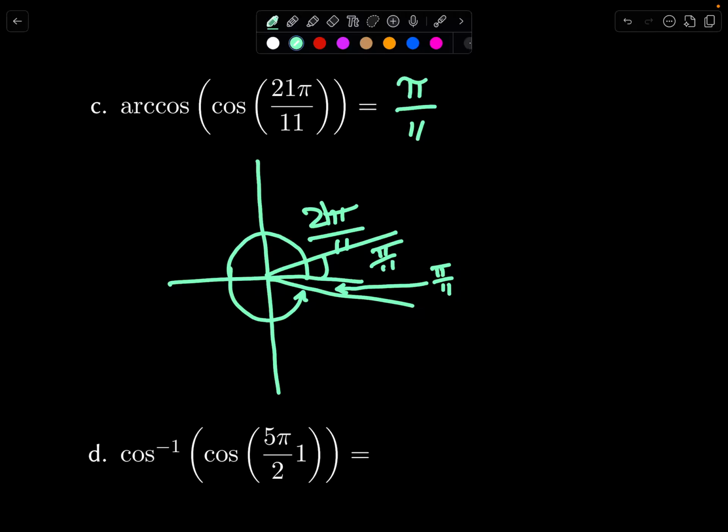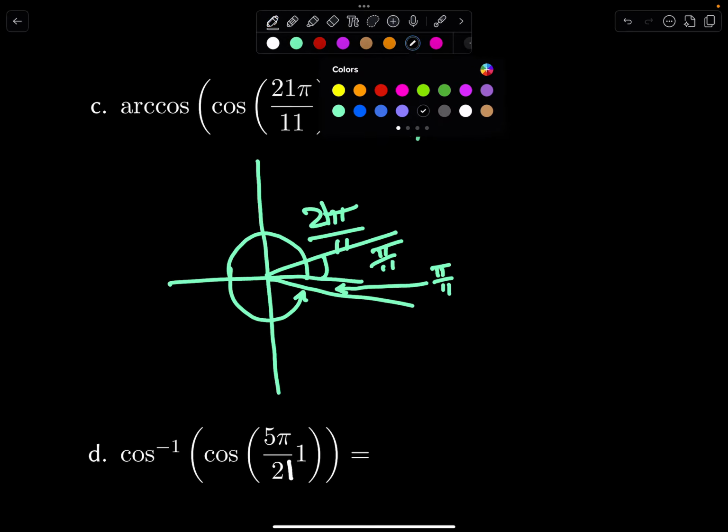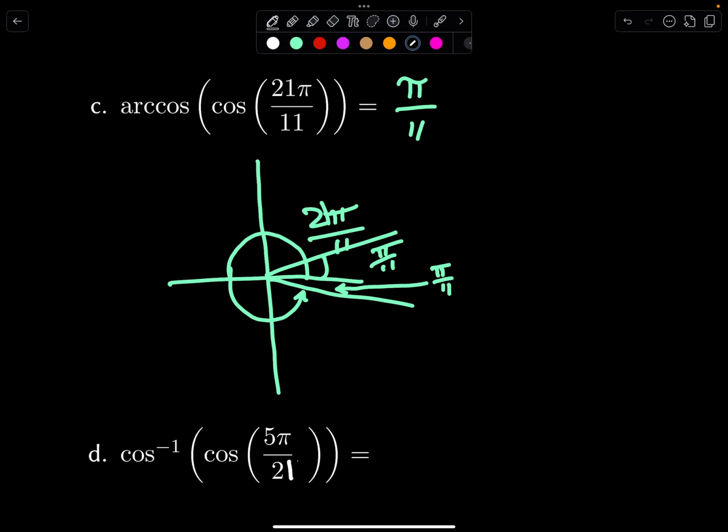This one, once again, I think I made this mistake. Let's do this, 21, and I bet I could. There we go. That's the way it's supposed to look. 5 pi over 21.